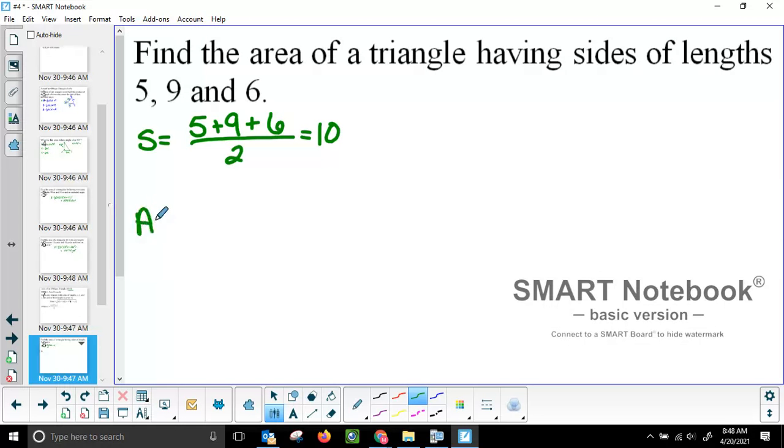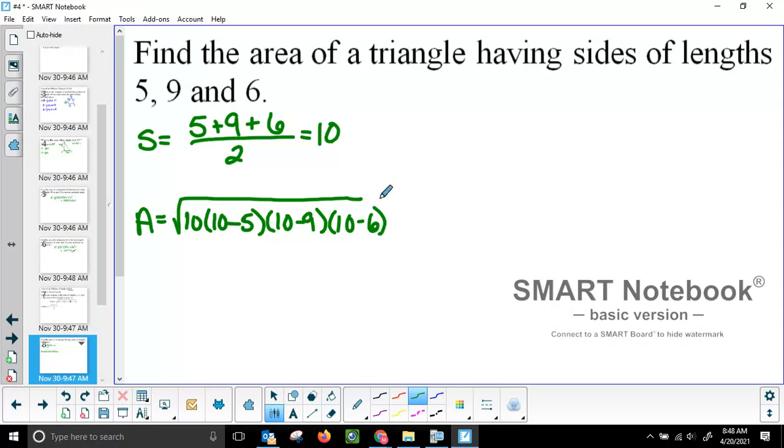All right, so now the area is equal to the square root of S times S minus A times S minus B times S minus C. And now you really don't have to write them all in like this. This is typically what I do, as long as the numbers are nice and easy: 10 times 5 times 1 times 4.